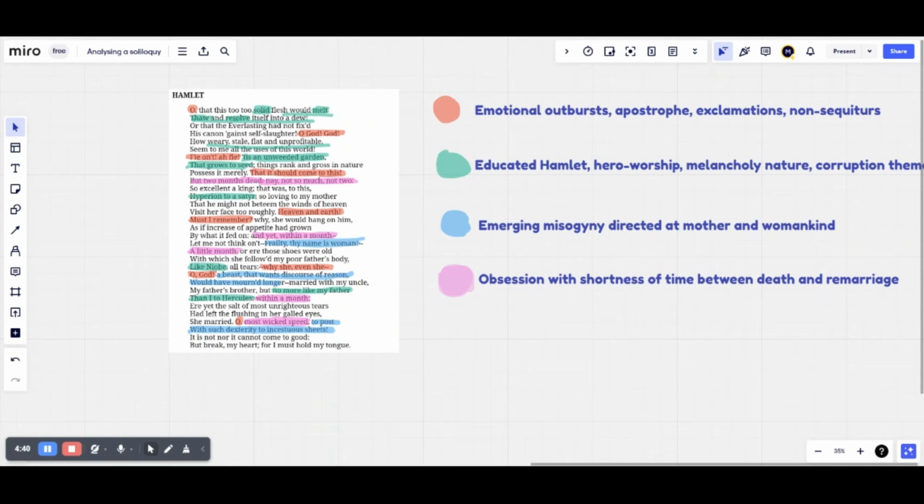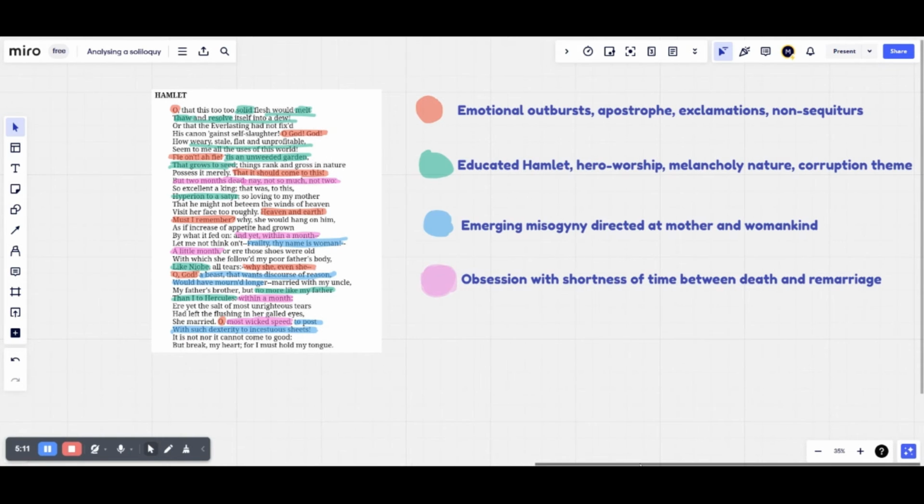Heaven on earth must I remember? Rhetorical question. Why she, even she? And oh God, repeated at the end, having been said at the start. So there's lots you could pull at there in terms of showing us a character in utter turmoil, finally able, after this traumatic meeting with Claudius and Gertrude, to express these things that are concealed within when he's in the public court of Elsinore.